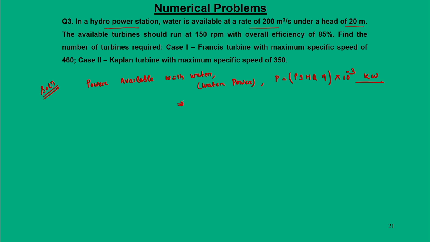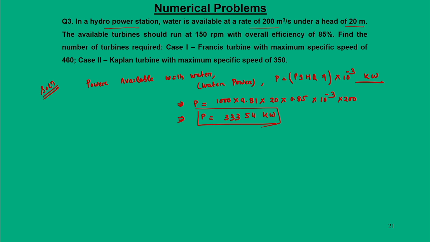So, putting this number, we can say P is equal to 1000 into 9.81 into H is 20 meter into efficiency is 85% into 10 to the power minus 3 into flow rate. So, P stands as 33354 kilowatt. So, this is the power available for water or water power.